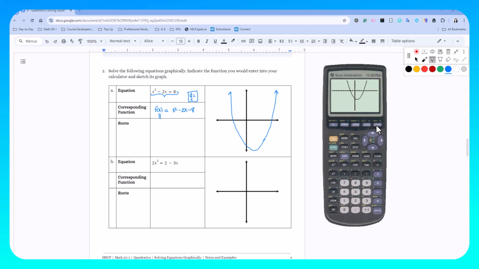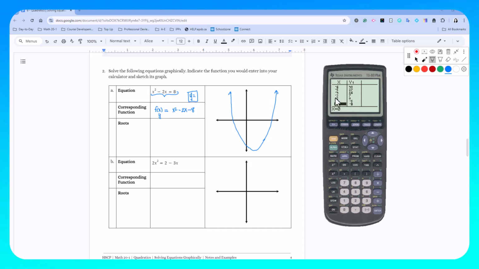Perfect. And we could go ahead and find the zeros using the second trace function to find this number right here, that 2. And we would have to go to the left, to the right, and we would have to do that twice for this one and this one. But the easier way is just go into the table of values and do a little bit of a scroll.